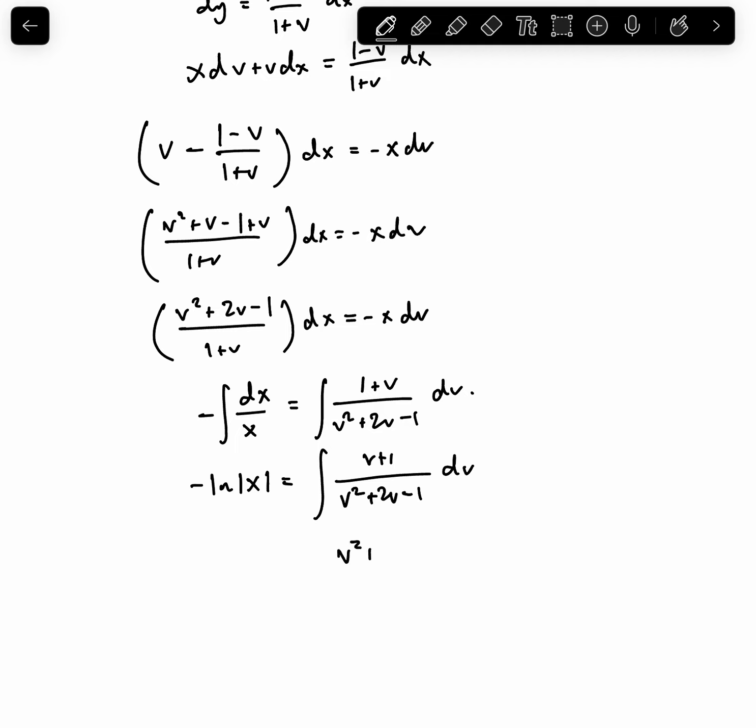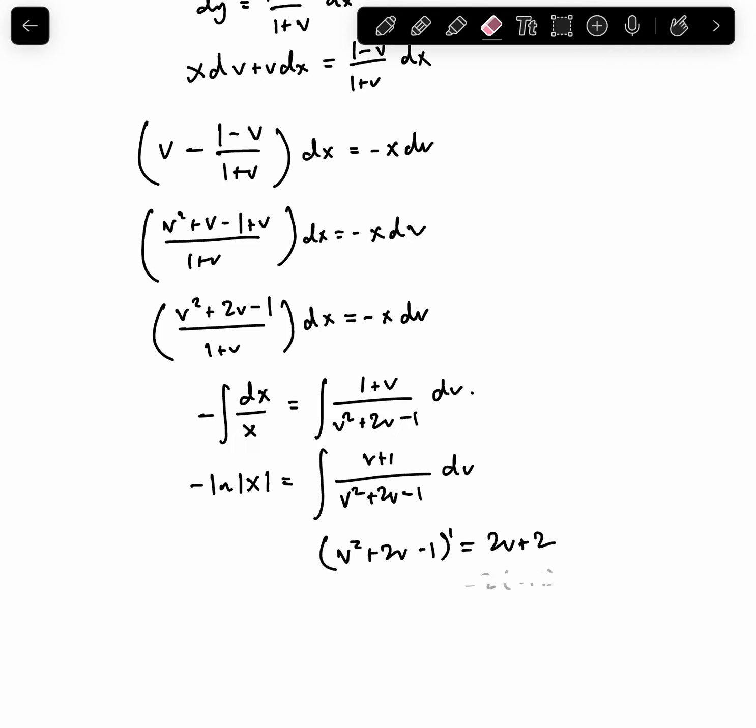If we differentiate v squared plus 2v minus 1, it becomes 2v plus 2, or, if we factorize, 2 times (v plus 1). And what do we have on the top? We have a v plus 1 term.